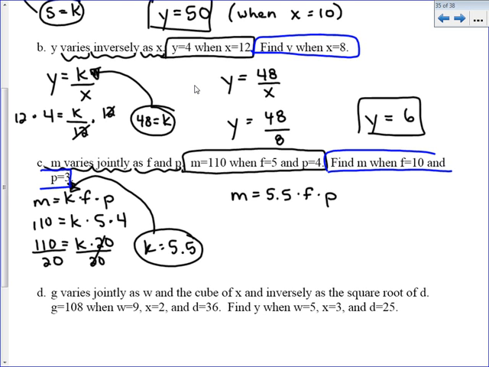So I'm going to go into my equation. I'm going to replace F with 10, and I'm going to replace P with 3. So M is going to be 5.5 times 10 times 3, which is 165.